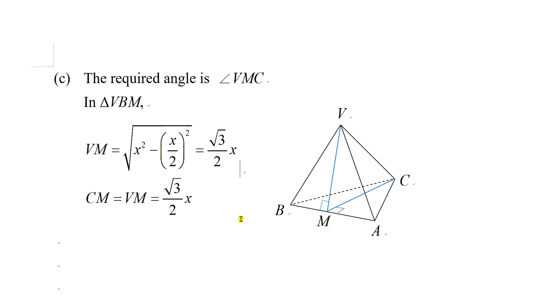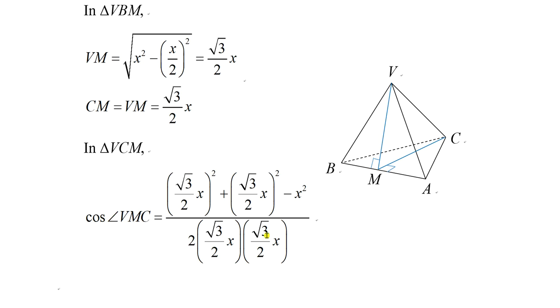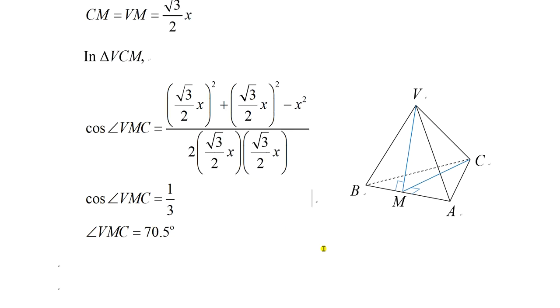And you can use the cosine formula in triangle VCM to find the angle VMC. It seems big, but after you simplify it, that's a very simple answer, 1/3. Then you get the angle between these two faces, that will be 70.5 degrees, correct to 3 significant figures.